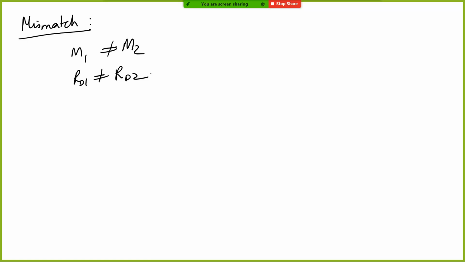The IC design process has a lot of randomness associated with it, and therefore you will have some amount of mismatch happening here. Now, what will happen if there is a mismatch?